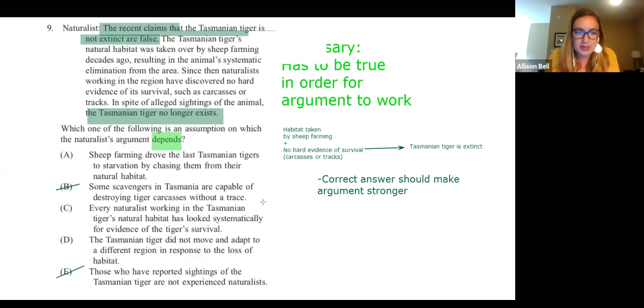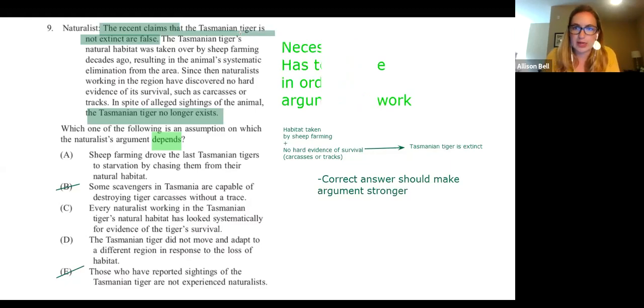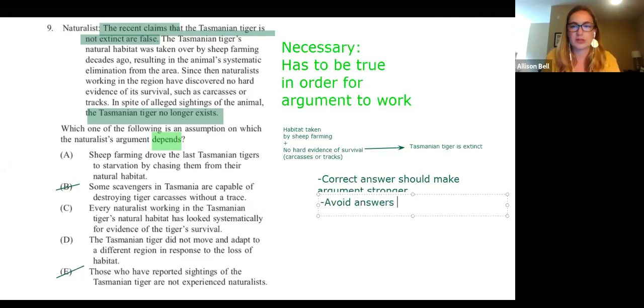Okay, so now I'm down to 3 answer choices. Another thing that I want you to keep in mind as we're looking through is that I want to avoid answers that just reinforce the premise. So I want to avoid answers that restate or reinforce information we've already been given.